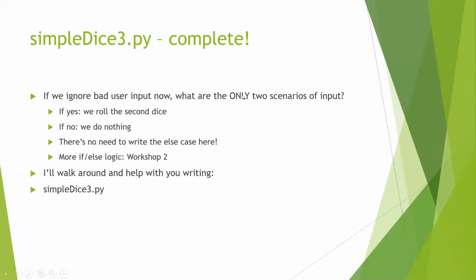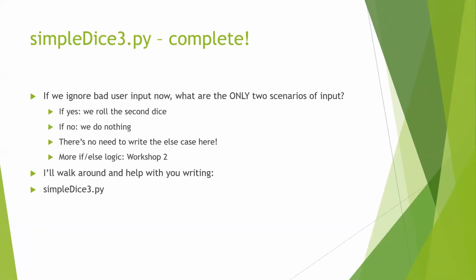And we're about to complete simpleDice3. So if we ignore bad user input for now, what are the only two scenarios of input? If the user says yes, then we roll the second dice. If the user says no, then we do nothing. We literally do nothing, so there's no need to write the else case here.